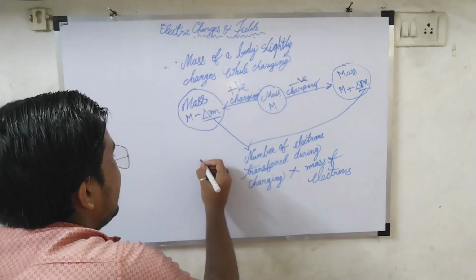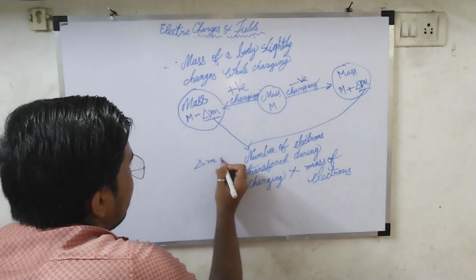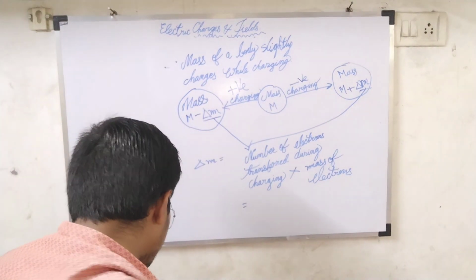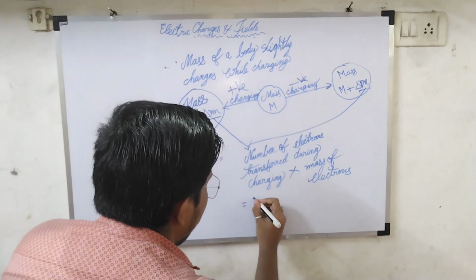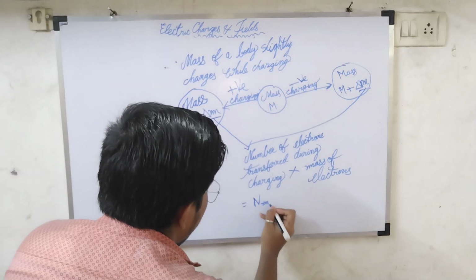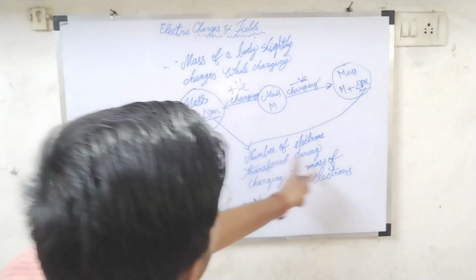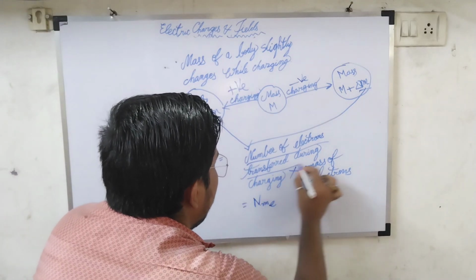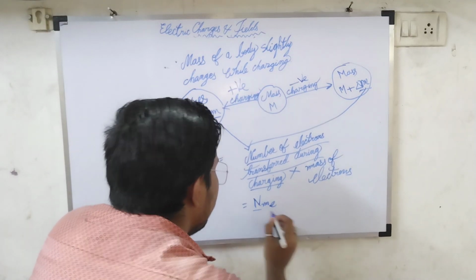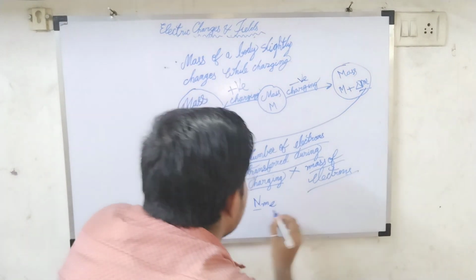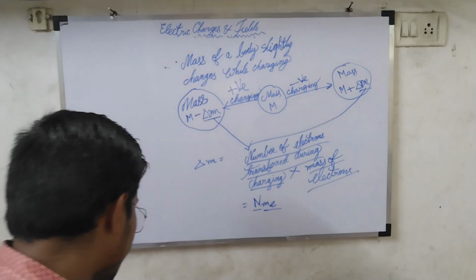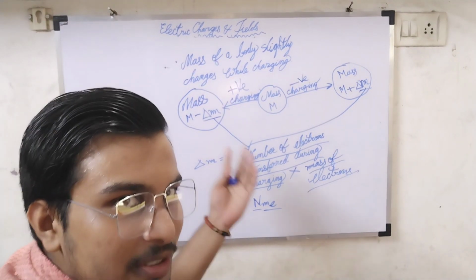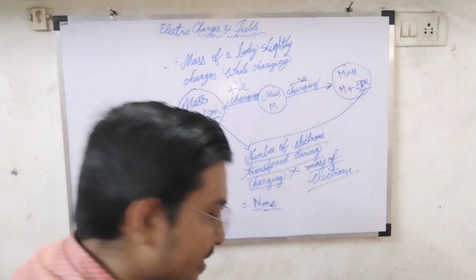This is the formula for del M. How will we write it in symbolic form? Simple: N into m. N represents the number of electrons transferred during charging, and m is the mass of an electron. Simple. You understand? Can I move on to the next part? Let's start.